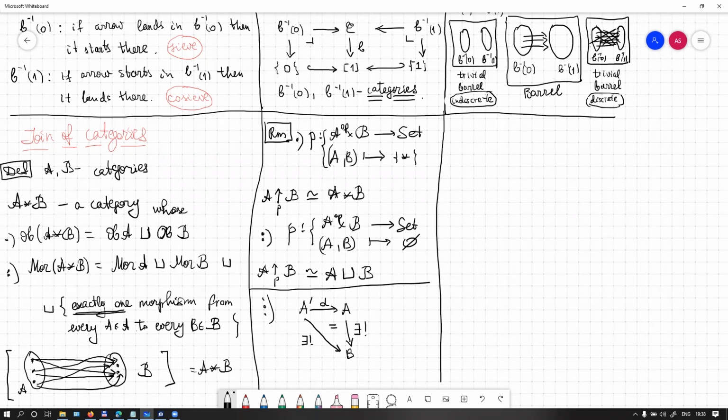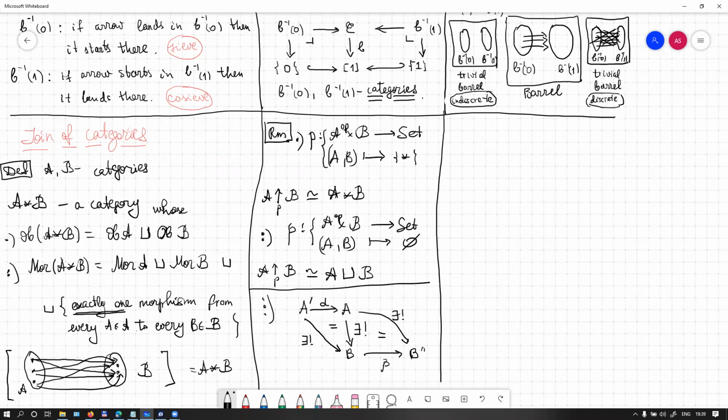So you can think about the morphisms between different parts of the join as a bottleneck. Every time you're going from A to B, there is only one way to go, and the composition is well defined. This is similar if from B to B double prime. Here will be beta. Here also will be a unique map and this triangle commutes. So composition with the unique one will be well defined, and this will be exactly the map that you expect it to be. Okay, this was about the join.